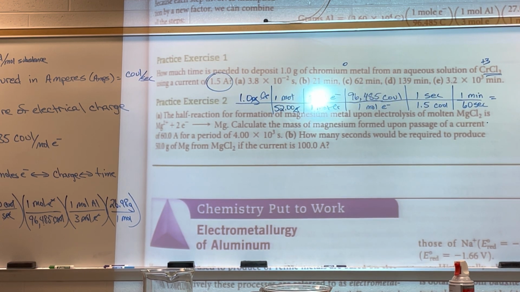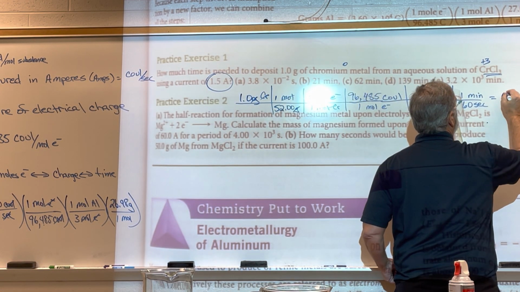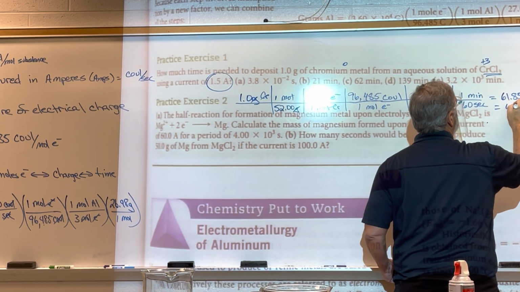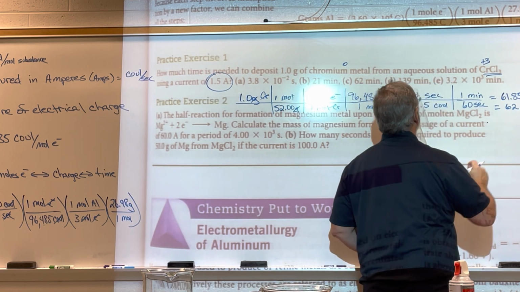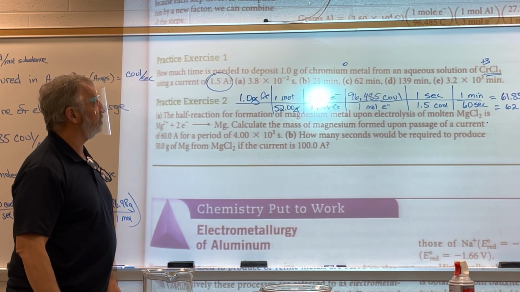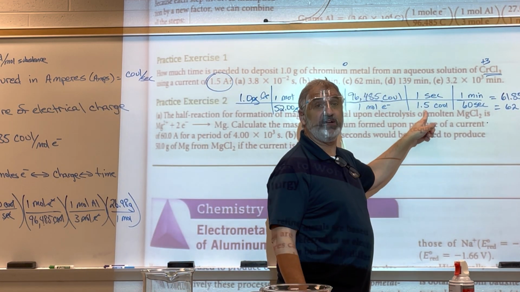Okay, it comes out to 61.85 minutes, which we can round to 62 minutes. Now the sig figs, why 2 sig figs? The 1.0 is 2 and the 1.5 amps is just 2.